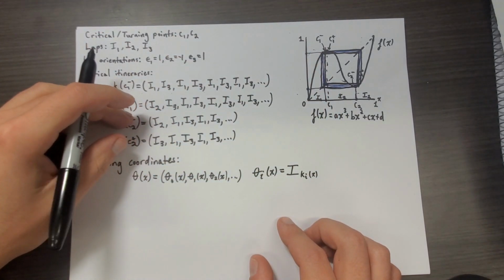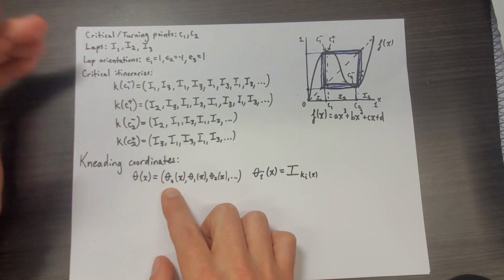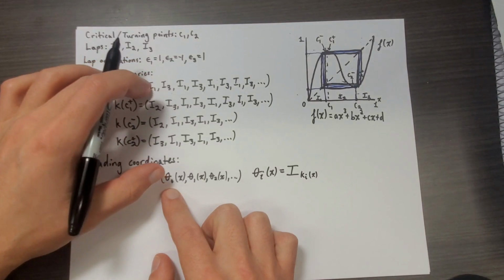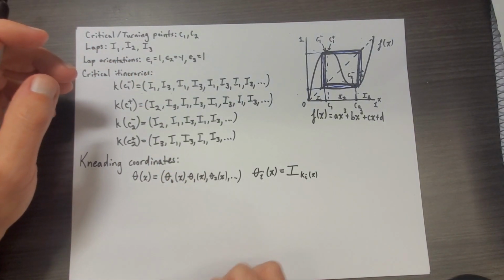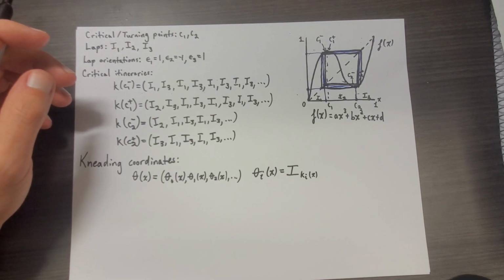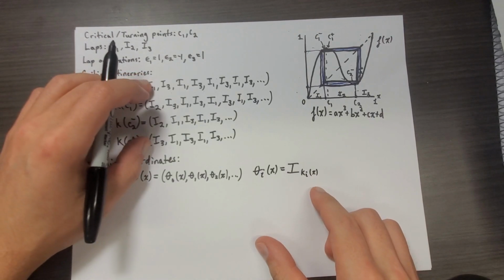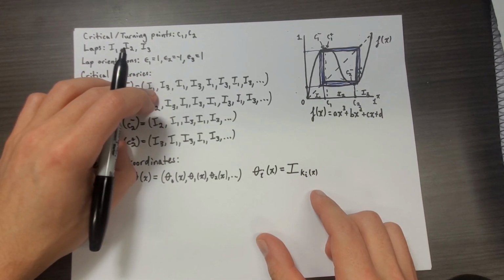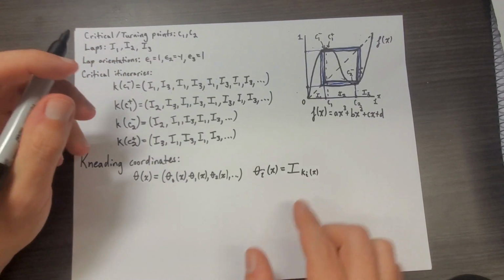So say if I wanted theta 0, I would look at, for C1 minus, I would look at I1 here, because that's the 0th iterate of the function. It's the lap that it lands in. So K1 of C1 minus would be 1, because that's the index of the lap that you land in after 0 iterates of C1 minus. That's what this is.